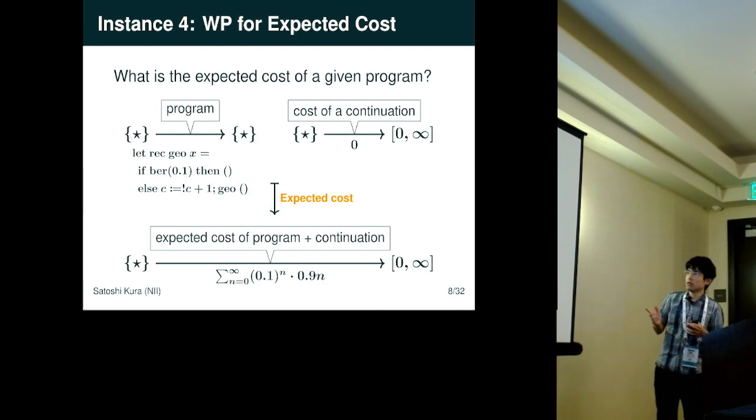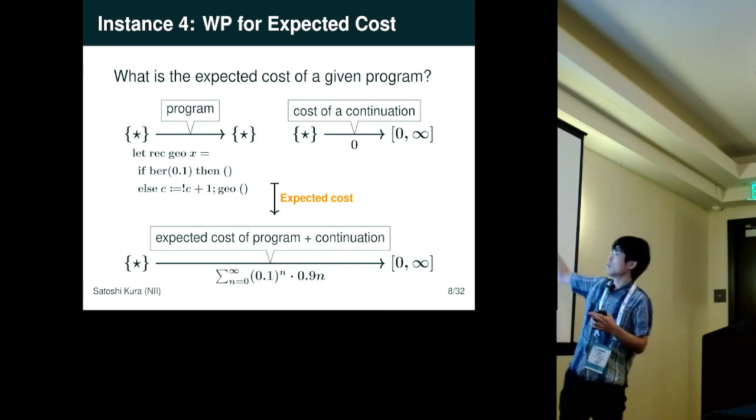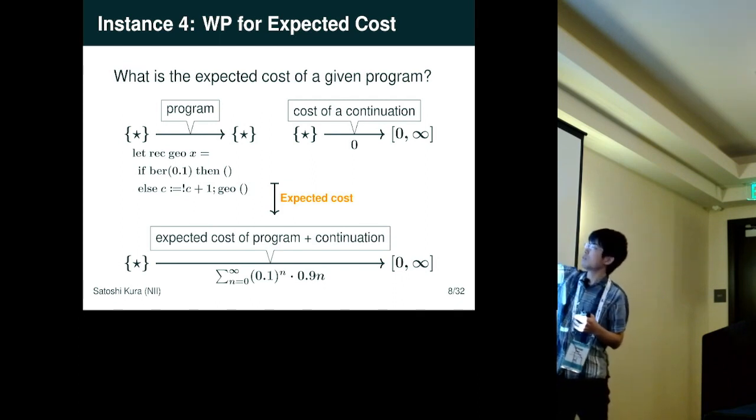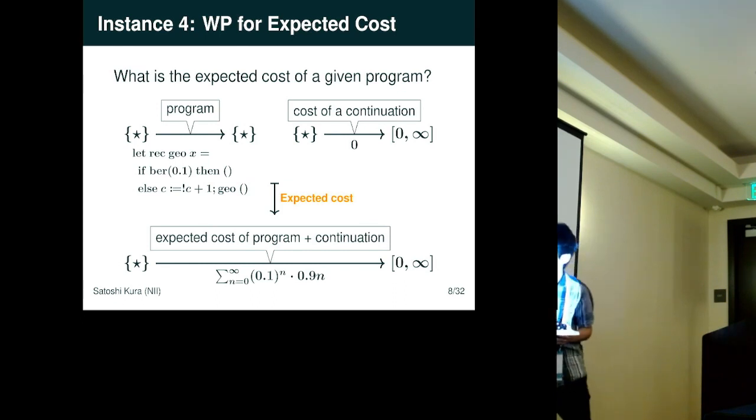Now we can define the weakest precondition for expected cost by computing the expected cost backward, that is, from a function for output to a function for input.